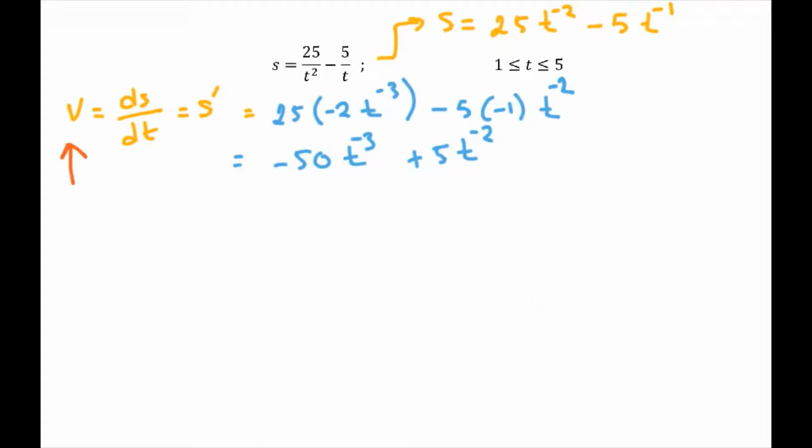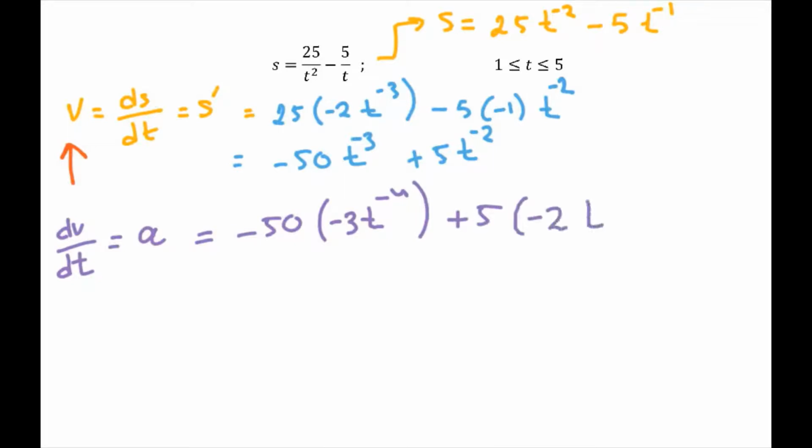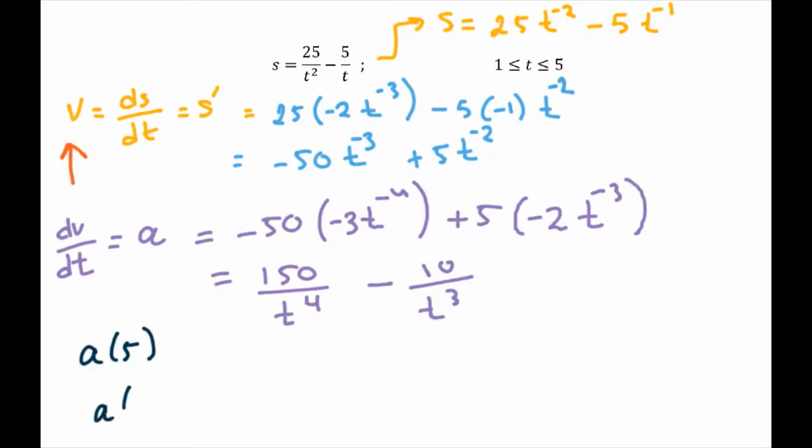So dv/dt is going to be my acceleration, which is going to be equal to negative 50 times negative 3t to the power of negative 4 plus 5 times negative 2t to the power of negative 3, which is going to be equal to 150 over t to the 4th minus 10 over t cubed.